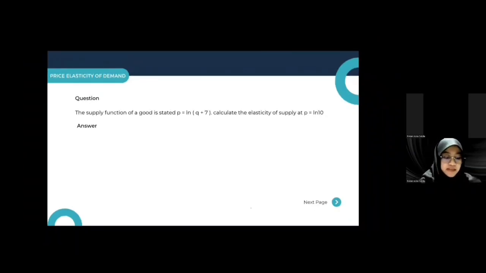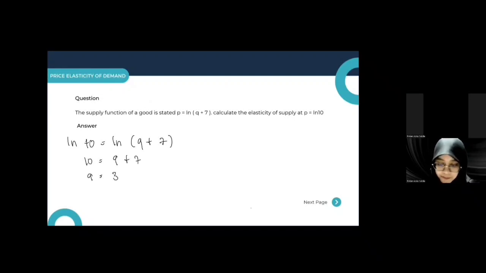This is the same as before. We need to find the Q first. And the Q is 3.